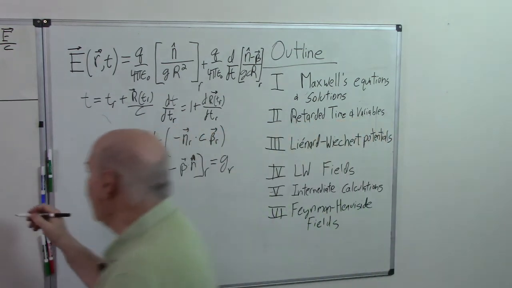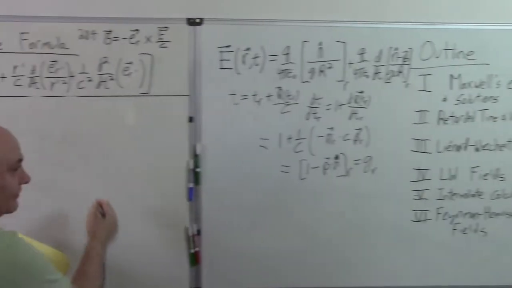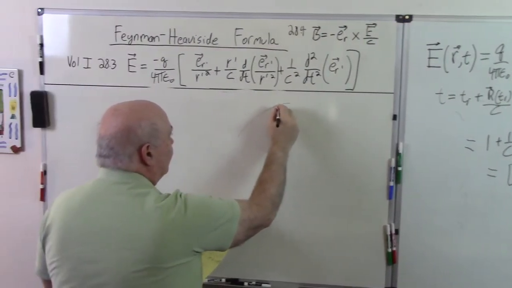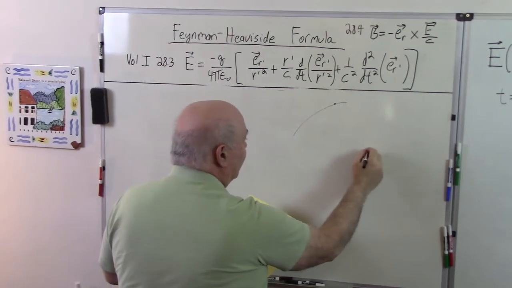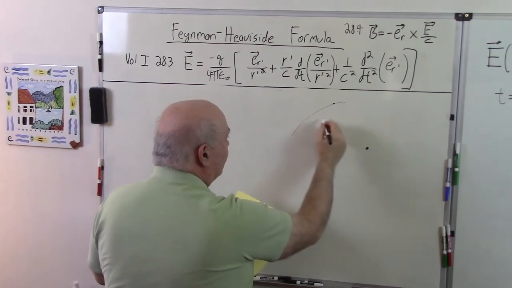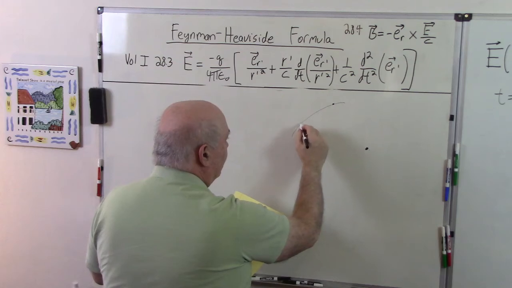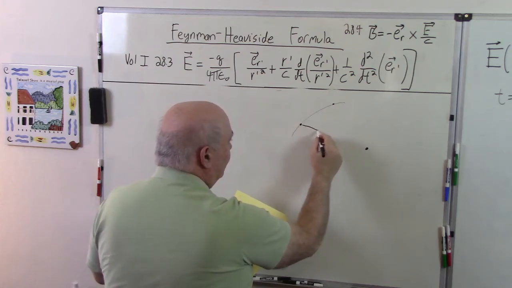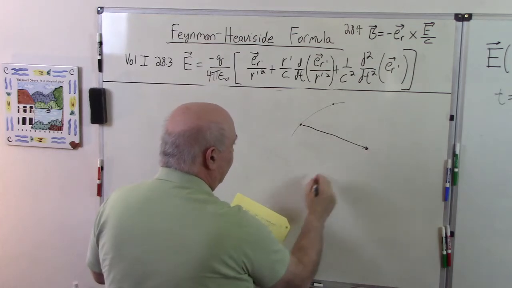Again, just to go back to the visual, this is the path of the charge. Let's say this is where it is now. This is the observation point. But we look at it when it's over here, so that it can emit a signal to us like that.